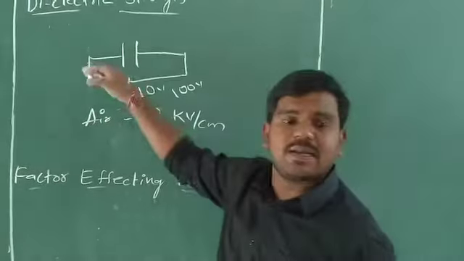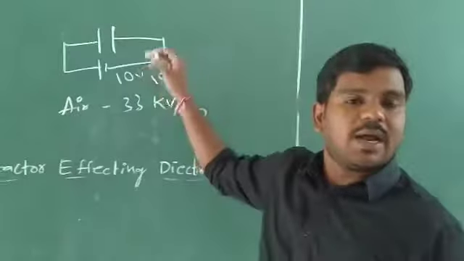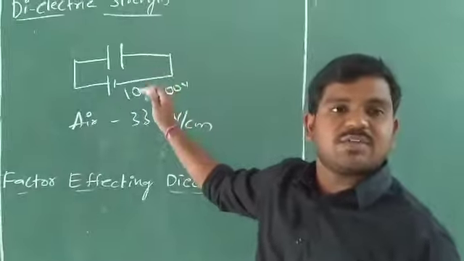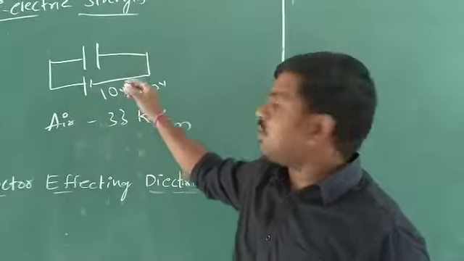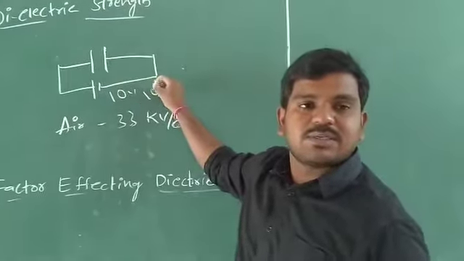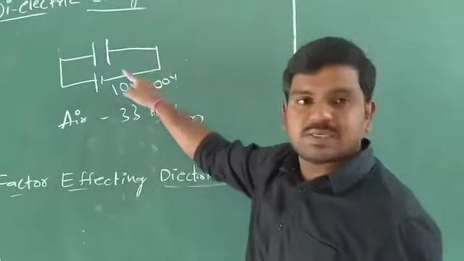Up to a particular limit, the material does not break down and it stands still with its own property. That means the strength of the material to withstand a particular voltage limit. Whenever this voltage limit is crossed, the material breaks down. That limit of the withstanding strength of the material is known as dielectric strength.